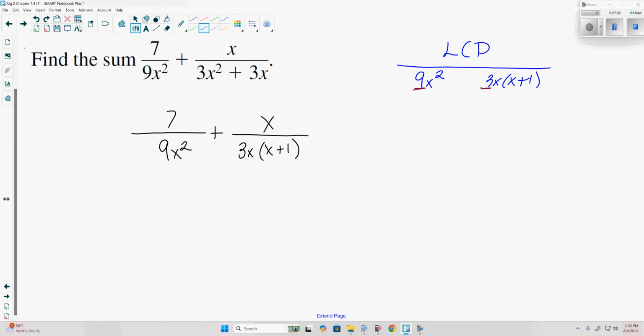I have a feeling you already know, but I'm going to ask anyways. What's the first number I can make both 9 and 3 be the same? 9. It's 3, 6, 9. So our first part of the least common denominator is going to be 9.